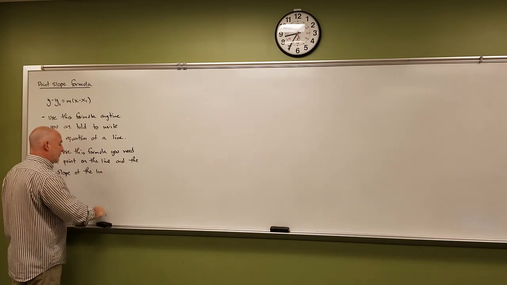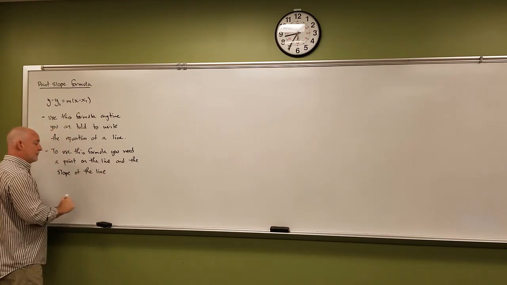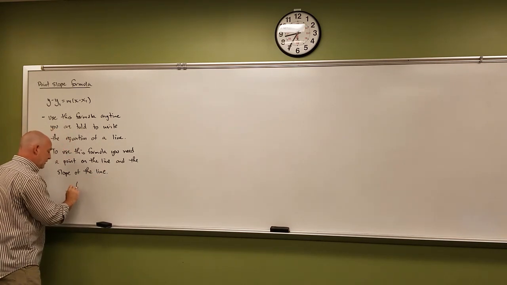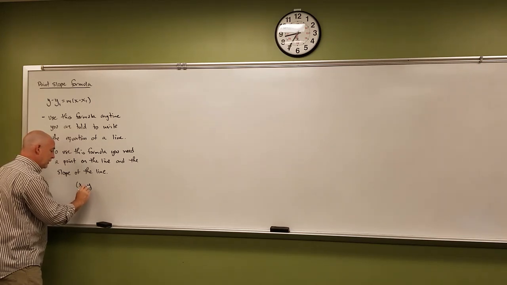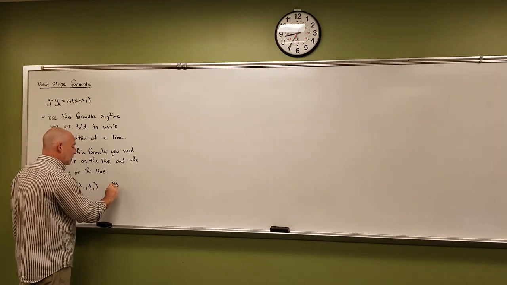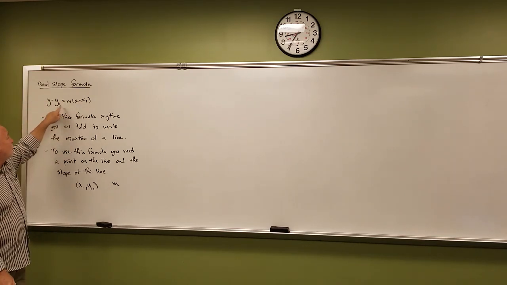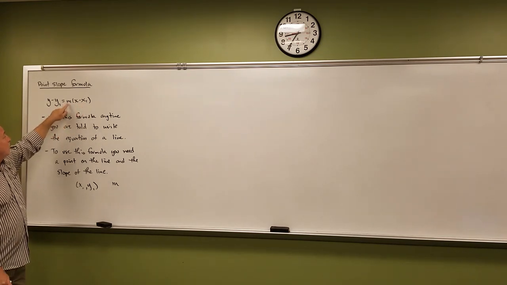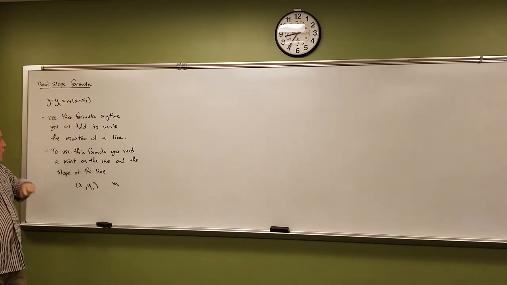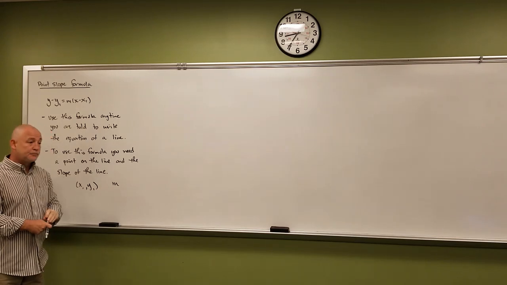All right, so you need two pieces of information. You need a point on the line. Generically speaking, we're going to call this point x1, y1, and we're going to need the slope, which is m. So we're going to start with this formula, and once we have a point, we're going to replace the x1, y1 with the point, and once we have the slope, we're going to replace m with the slope.